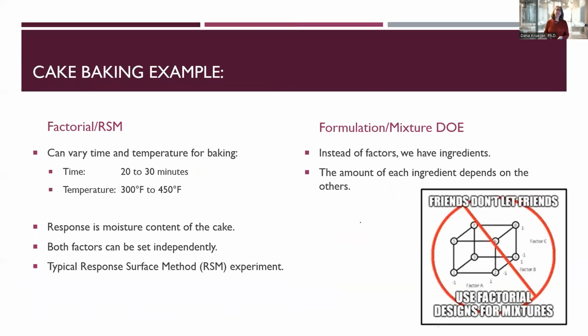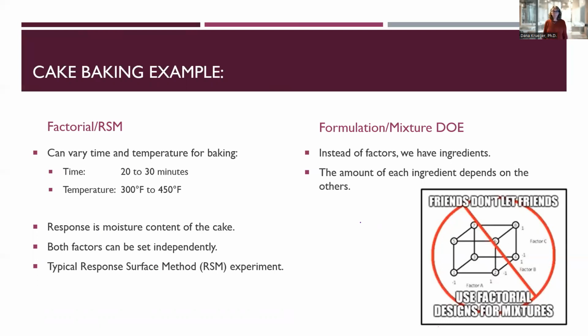If we look at a cake baking example, we've got settings that could be used with factorial or response surface if we vary time and temperature. Let's say we're looking at the moisture in a cake. We can have the baking time set at 20 minutes and vary the temperature. We can have the temperature set at 350, let's say, and we vary the time. How moist is it at 20, 22, 24, 26, 28, 30 minutes?